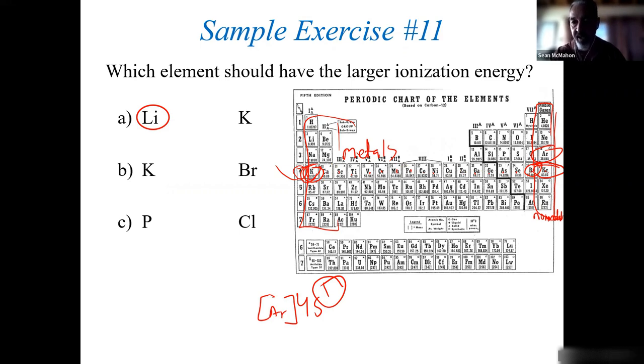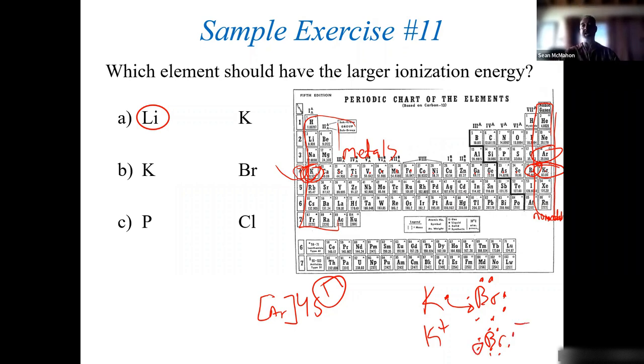So if potassium and bromine are next to each other, potassium is going to give its valence electron to bromine. And when it loses an electron, it becomes positively charged, which is called a cation. And the bromine gains that extra electron, becoming the bromide ion, which is an anion, negatively charged.